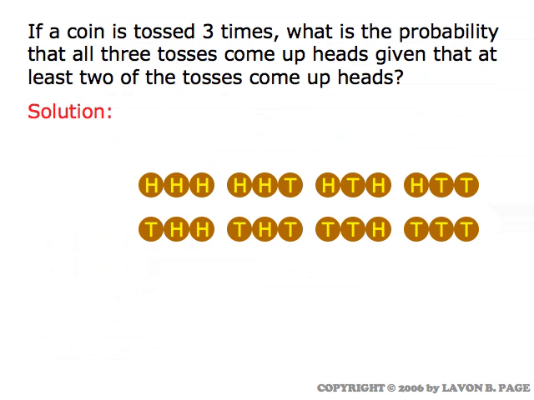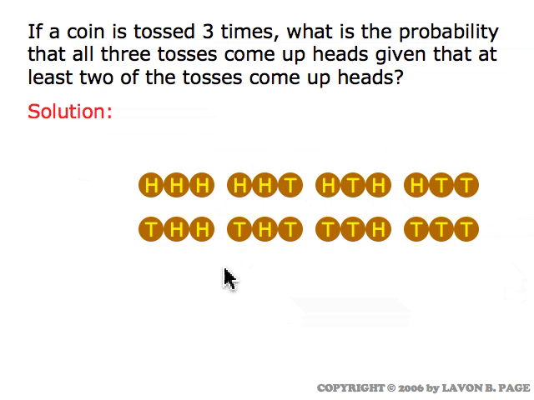And finally, to a coin tossing example. If a coin is tossed 3 times, what's the probability all 3 tosses come up heads if we know that at least 2 of the tosses come up heads? We have a picture here showing the 8 possible outcomes if you toss a coin 3 times. Heads, heads, heads, heads on the first 2 tosses, tails on the third, a head followed by tails followed by head, and so forth.